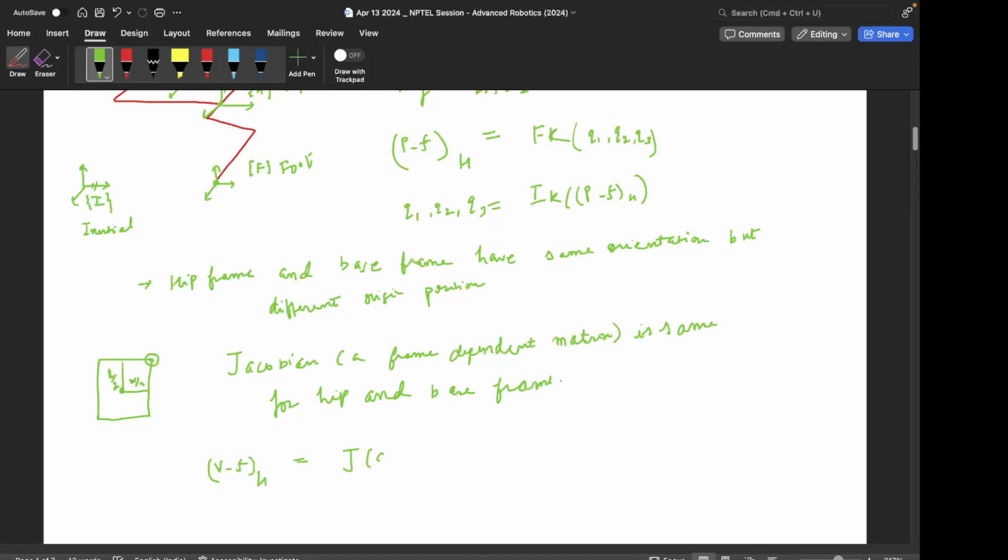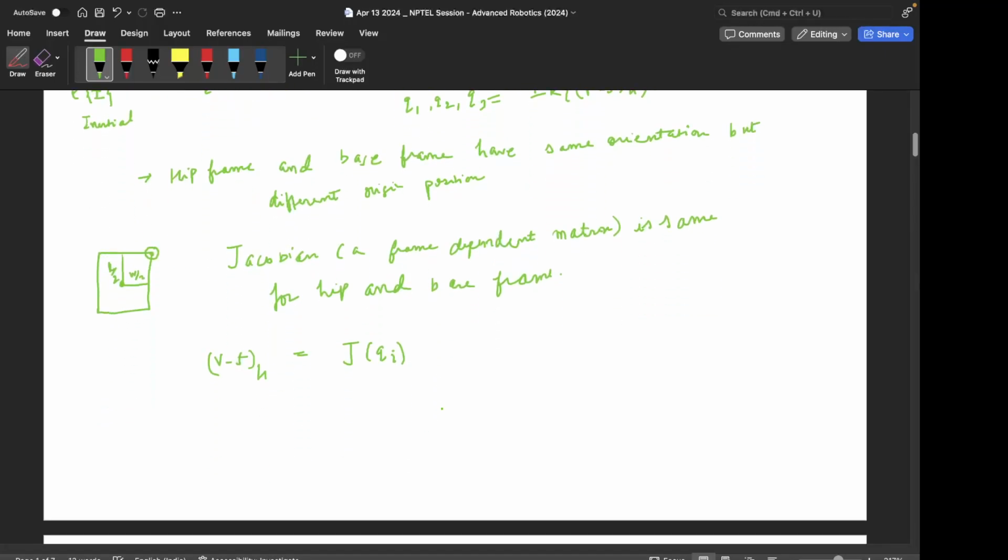So the Jacobian, which will take input q1, q2, q3 and express this in the hip frame, and this will be multiplied by q dot, that is q1 dot, q2 dot, q3 dot, right? So we know that x dot is equal to J q dot. That's the same thing in action here, right?